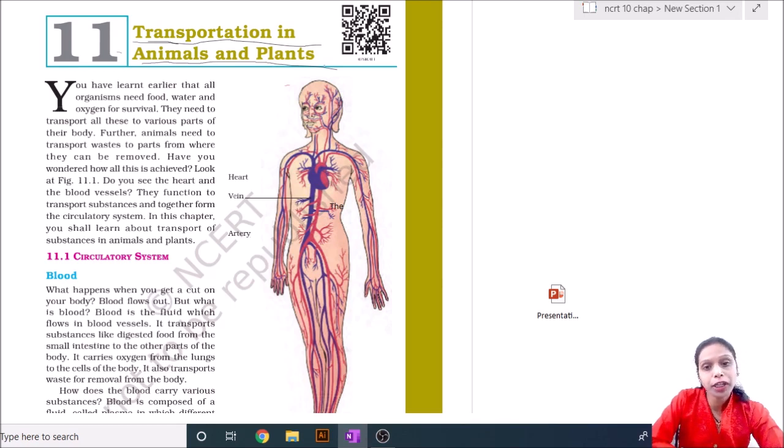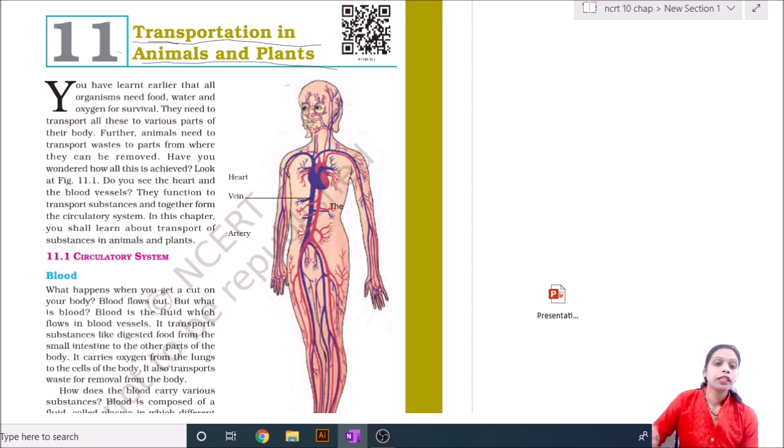The circulatory system is very important because it is a medium to carry food components and oxygenated blood to all parts of the body and ultimately to the cells. That's why the circulatory system is a medium. From that we can understand how food components and oxygen go throughout our body.